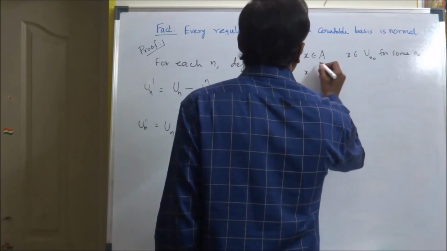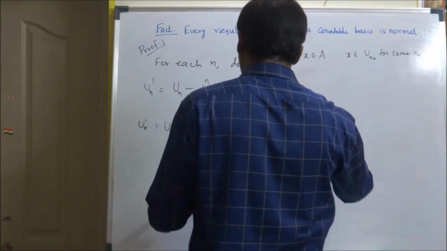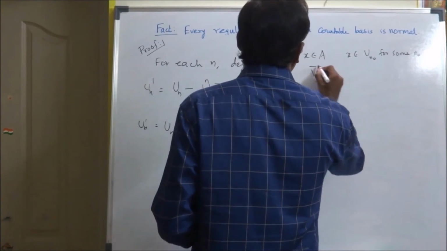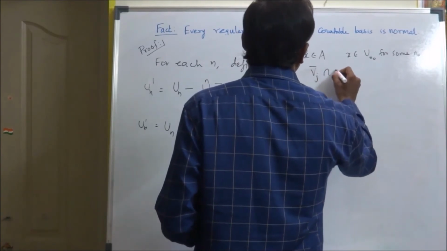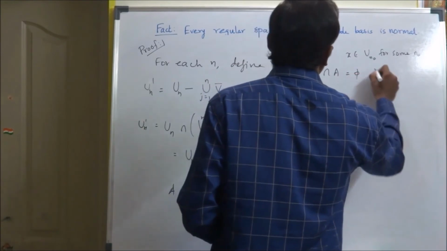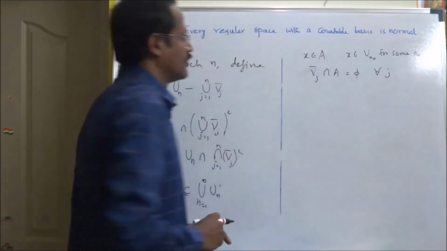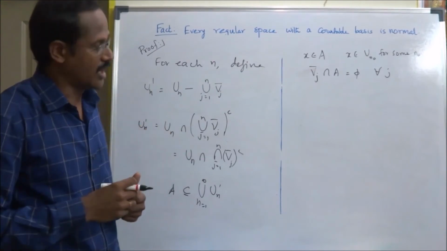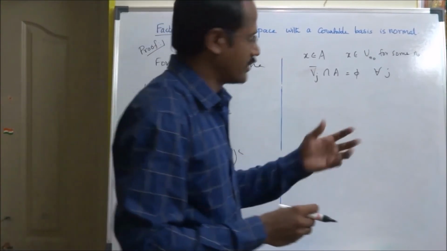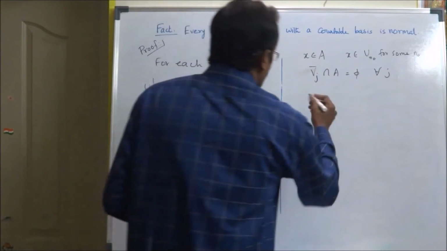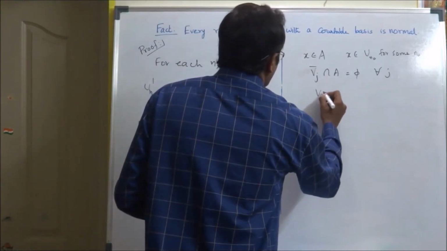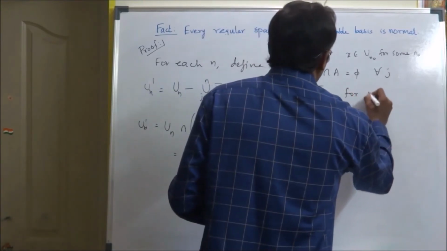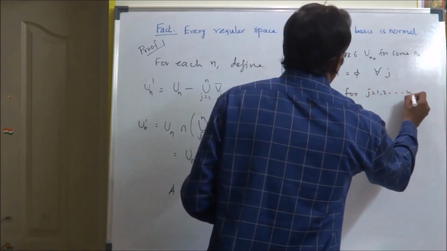Also, these Vj's, whose closure is disjoint from A for every j, we are collecting Vj's in such a manner. Vj closure is disjoint from A. Therefore x is not in Vj closure for j equal to 1, 2, up to n naught.